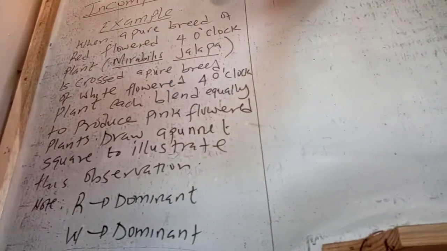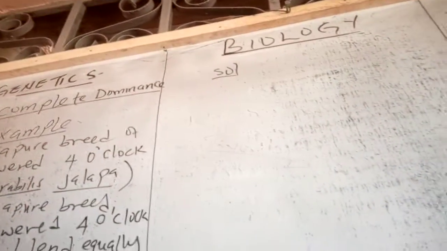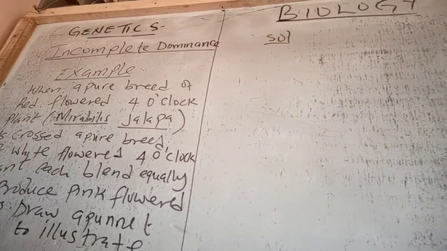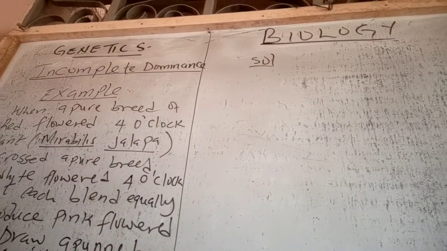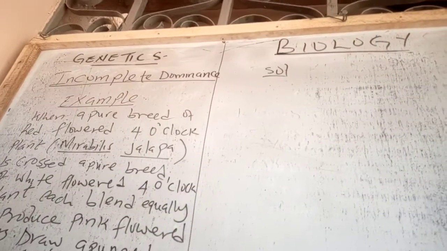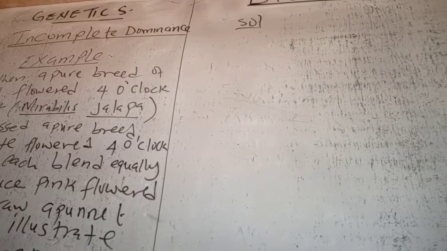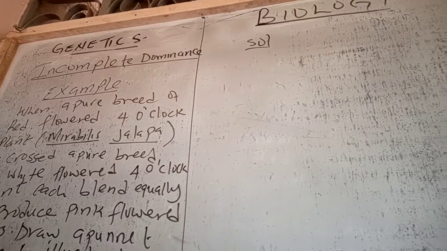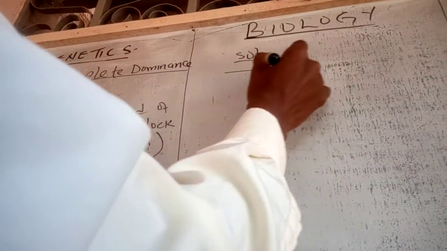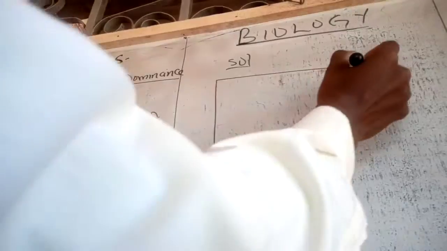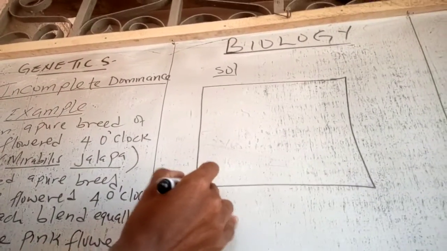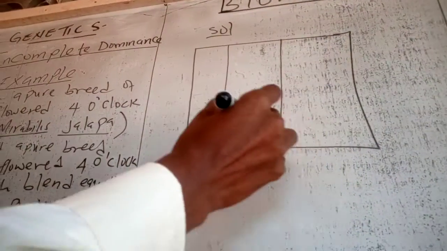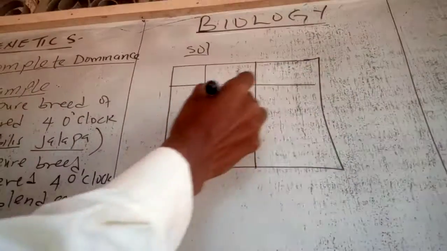For the solution to this question, you are expected to come up with a Punnett square. The observation is that all the plants, the F1 generation, had pink flowers. So you draw a Punnett square: a square divided into 3 columns and 3 rows.